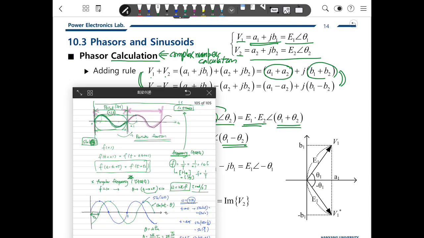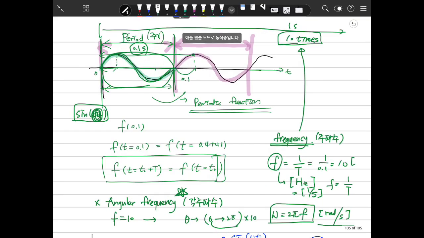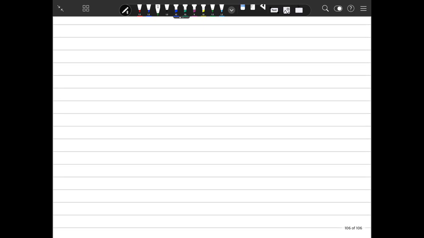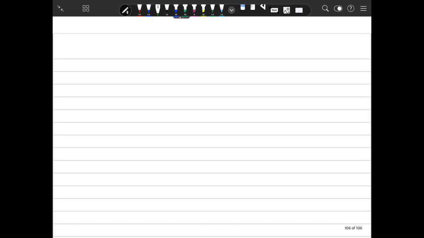But you can also do that with the rectangular variables.